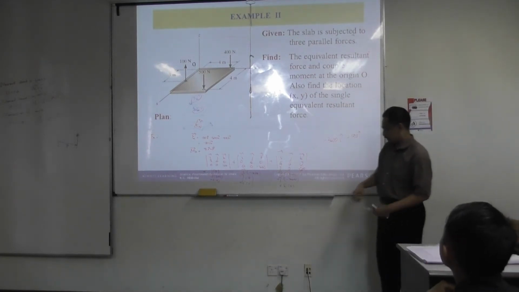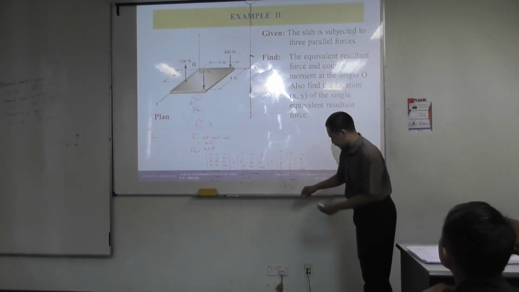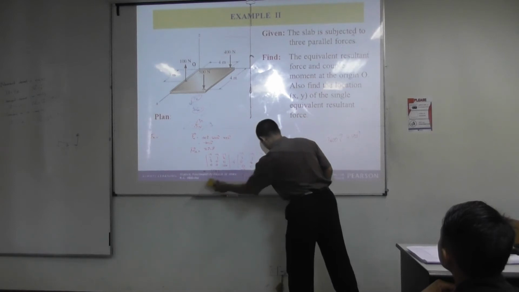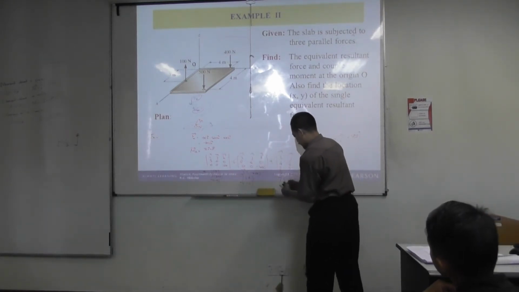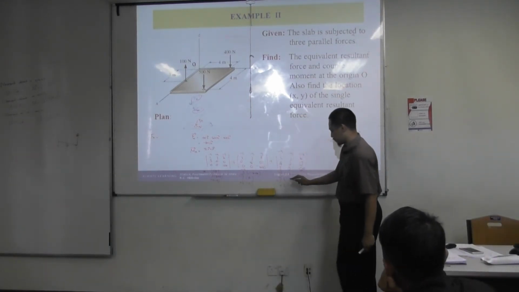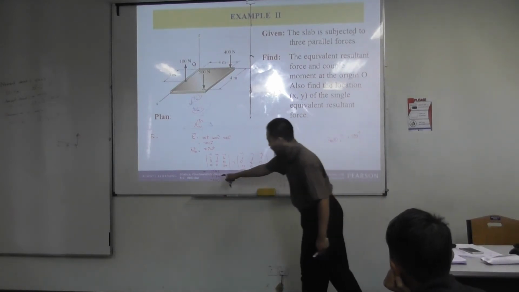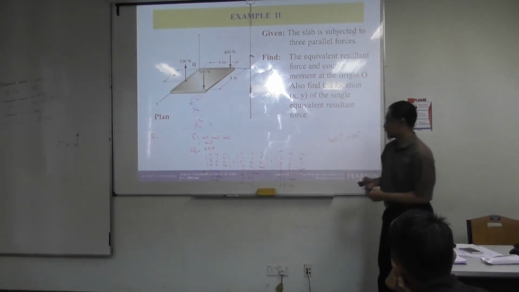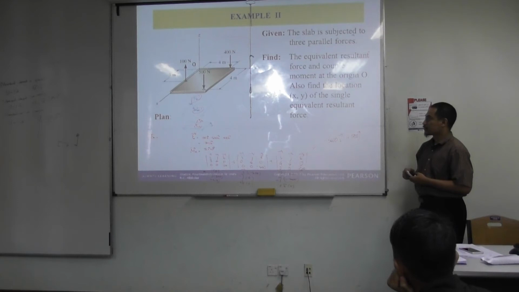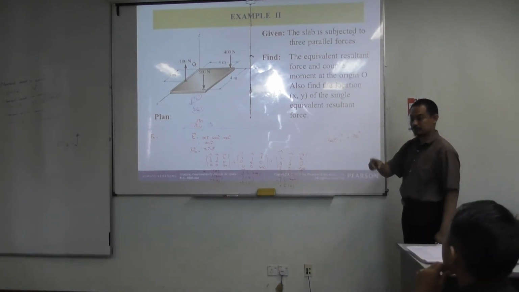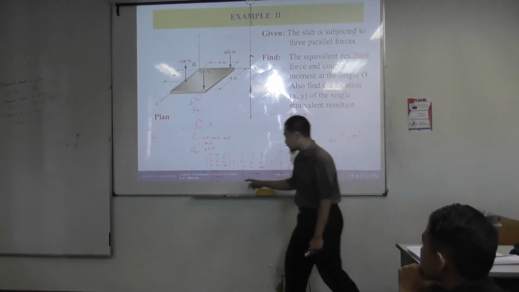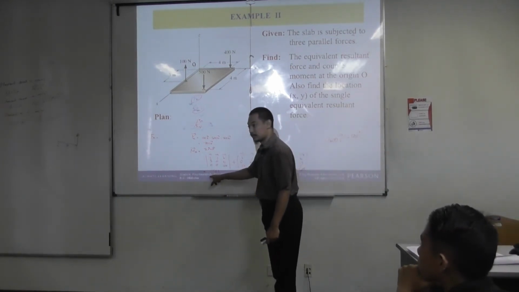Make sure you take care of this, because this is negative, right? And then anything needs to become positive. 2000 minus 300 becomes 1700. Alright. Any question? Any problem?